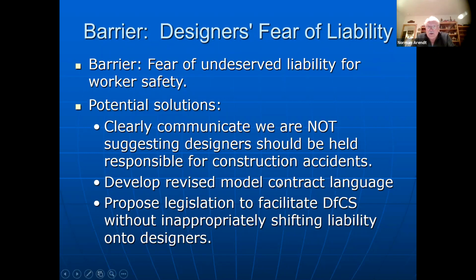We need to develop revised model contract language to identify this, and it already exists in many contracts. And propose legislation to facilitate design for construction safety. Well, that's already occurring. It's being introduced in the House. How long it will take, or if it'll ever get out of the committee, I have no idea.